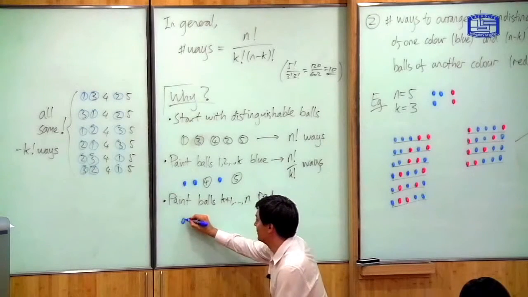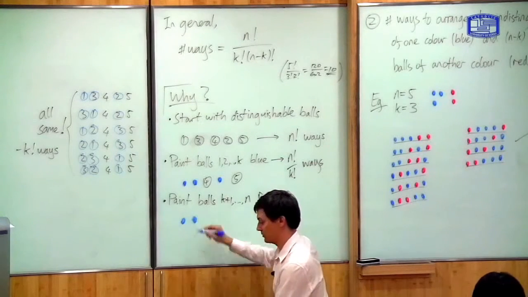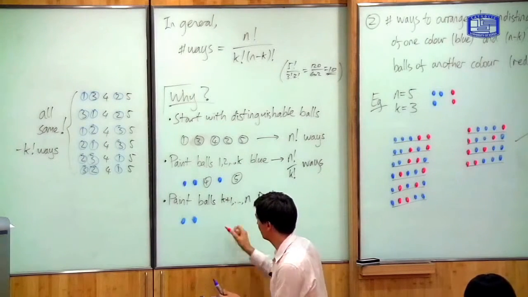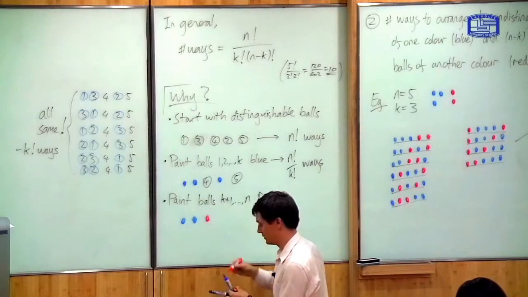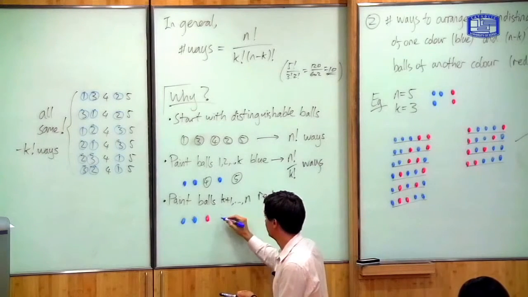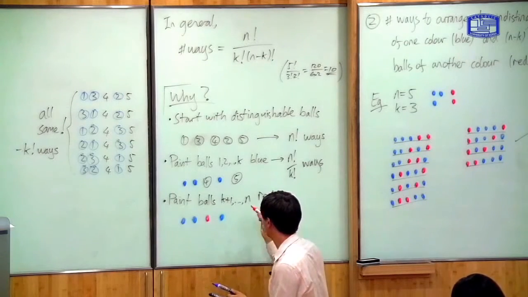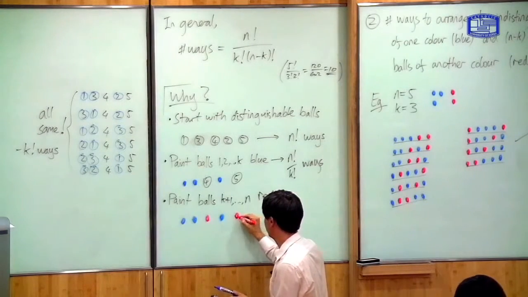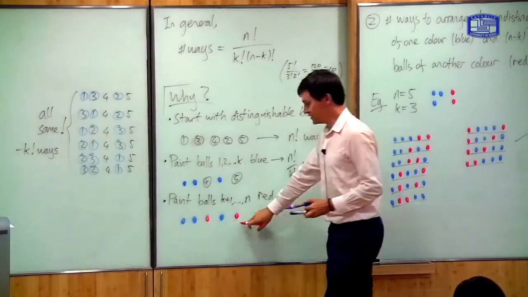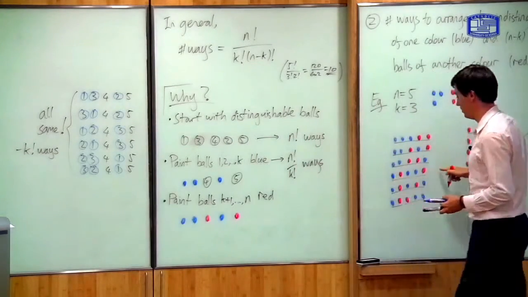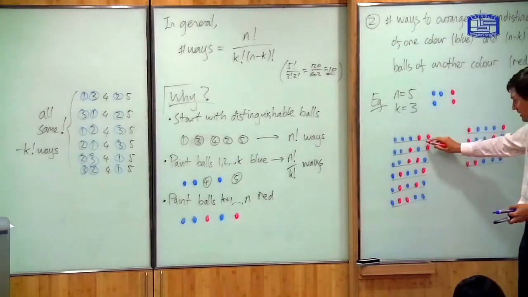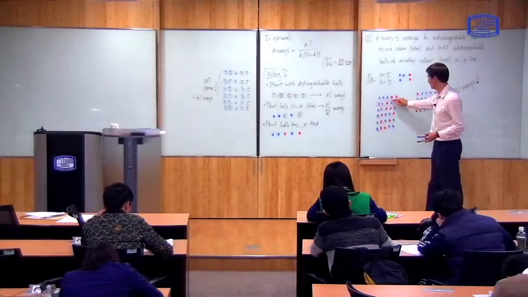So now this is blue, blue, red, red. And you see that this now is just an example of the case we considered here. In fact, it's this one as I did it.